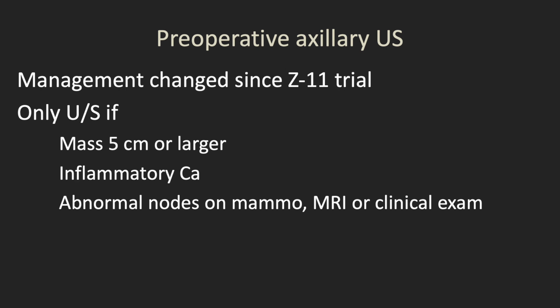The management of the axilla has absolutely changed since the Z11 trials came out. And now we only ultrasound if there's a larger mass, usually 5 centimeters or larger, if it's an inflammatory breast cancer, or if the patient has abnormal nodes shown on some other form of imaging, such as mammo or MRI, or on clinical exam.